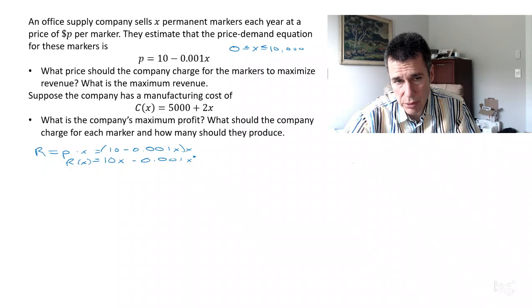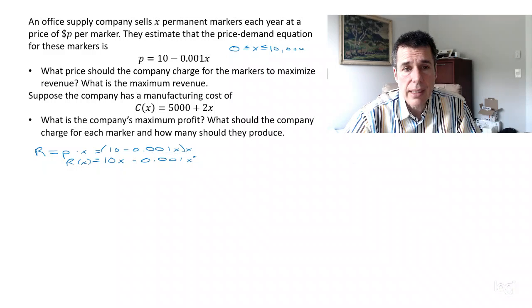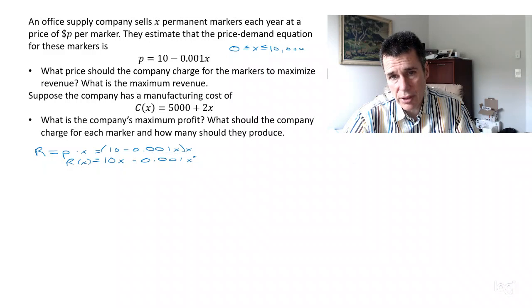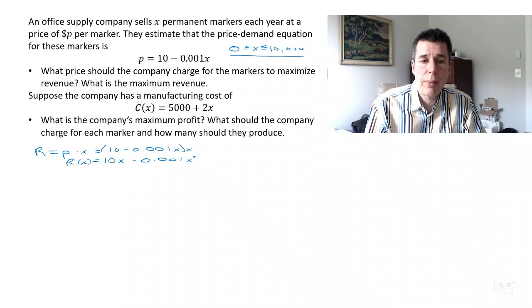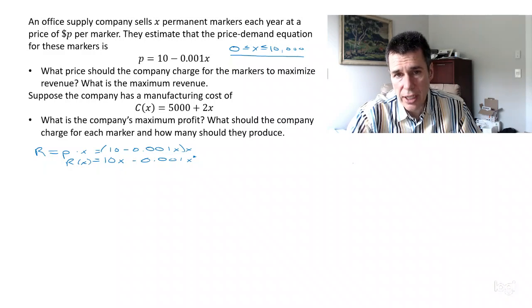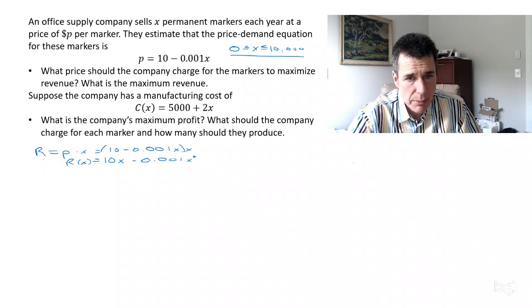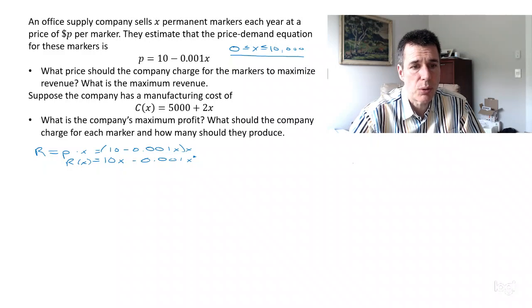Right, so we put in X equals 10,000, 0.001 times 10,000 is 10, and the price is 0. So this is our range of valid X. Remember, if we want to maximize something, we need to check the boundaries as well.